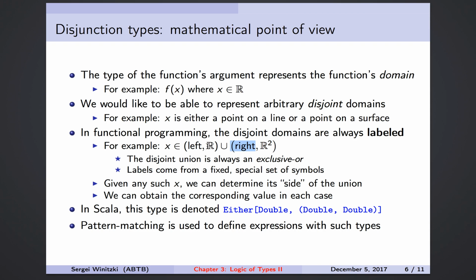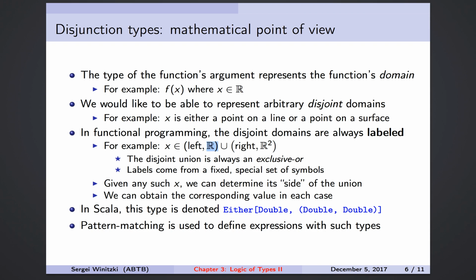Even if all these types were the same, if this were R, this were also R, there will still be no confusion. Whereas with an ordinary mathematical union, you would be confused. You would think, well, R union R is just R. But a disjoint union is labeled and allows you to always know from which part the value comes.